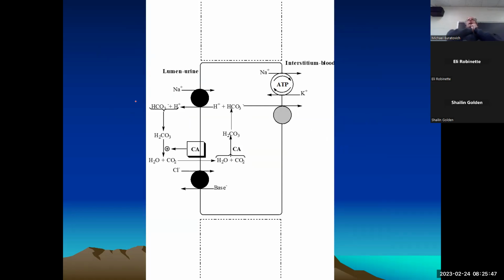So your body works very hard to keep bicarbonate, and here's how it does that. So bicarbonate in the filtrate binds to hydrogen ions. That hydrogen ion is released from the proximal convoluted tubule epithelial cell. So this is in the proximal convoluted tubule.